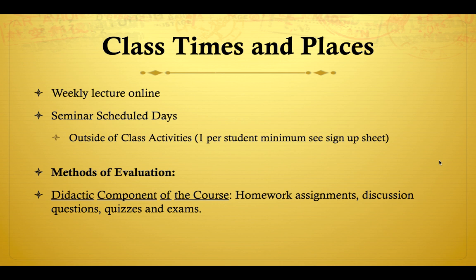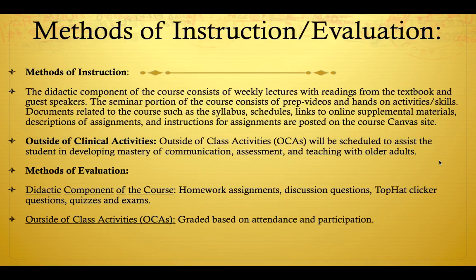The seminar days, for the most part, are self-scheduled, except for the very first seminar, which is next week. And next week's seminar is for all students to attend and is pretty important for information prior to attending the Tiger Place sessions. We'll have some homework, assignments, discussion questions, quizzes, and exams for this class.